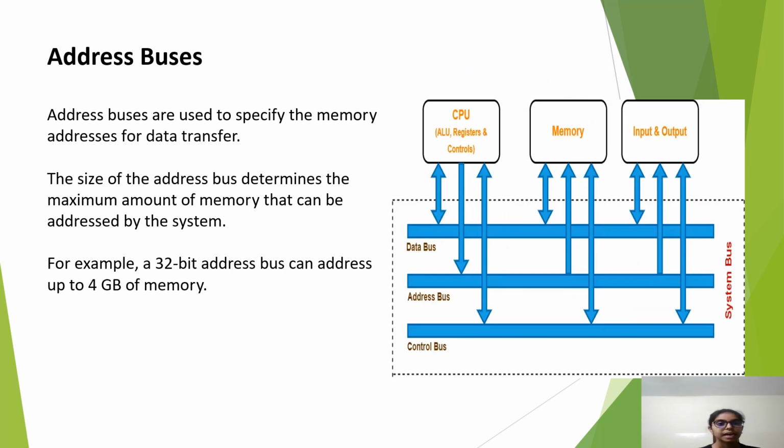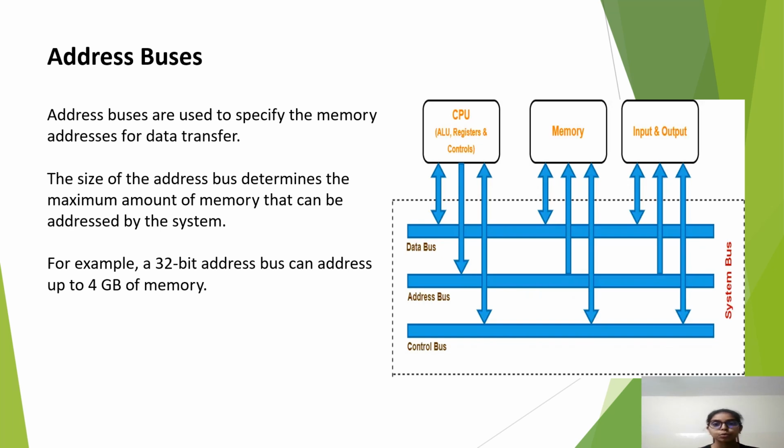Address buses. Address buses are used to specify the memory addresses for data transfer. The size of the address bus determines the maximum amount of memory that can be addressed by the system. For example, a 32-bit address bus can address up to 4 GB of memory.